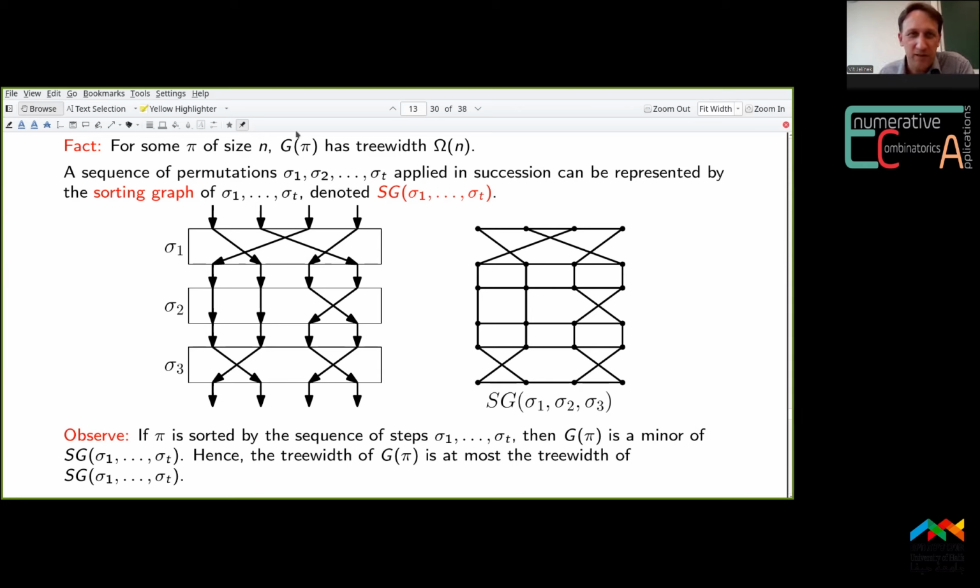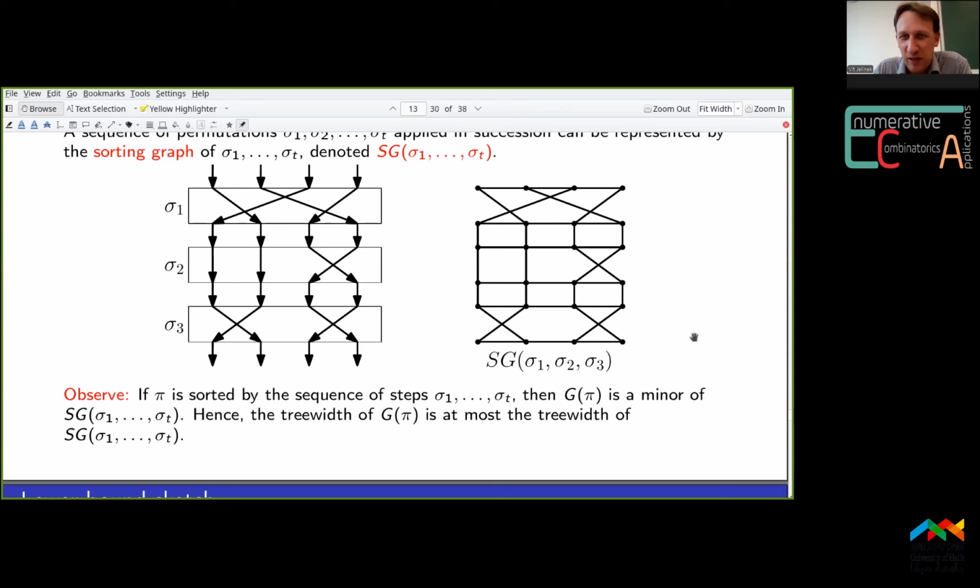And in particular, since there are permutations pi that have tree width which is linear, if you try to sort everything by at most t steps taken from some class, you have to make sure that the sorting graphs that you construct in this way also have tree width at least n. So this is the core of the argument. You can probably now see where all this is going.